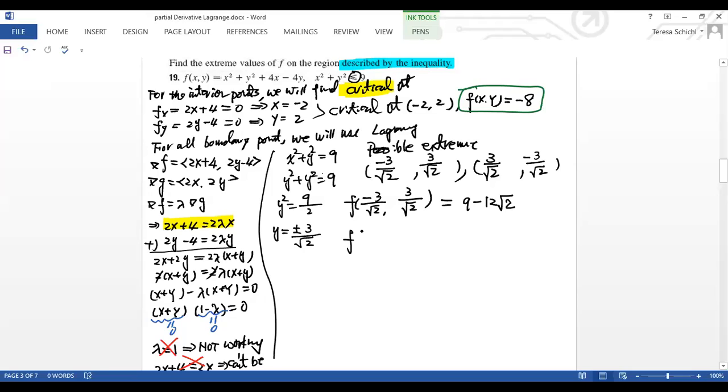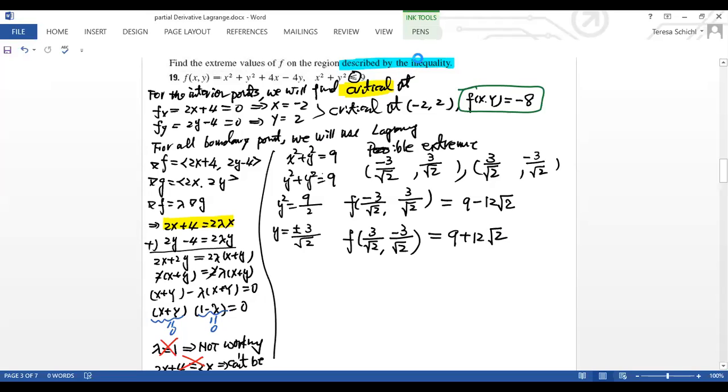The same way, if you plug in x equal to 3 over square root of 2 and y equal to negative 3 over square root of 2 into your function, what do you have here? You have 9 plus 12 square root of 2.